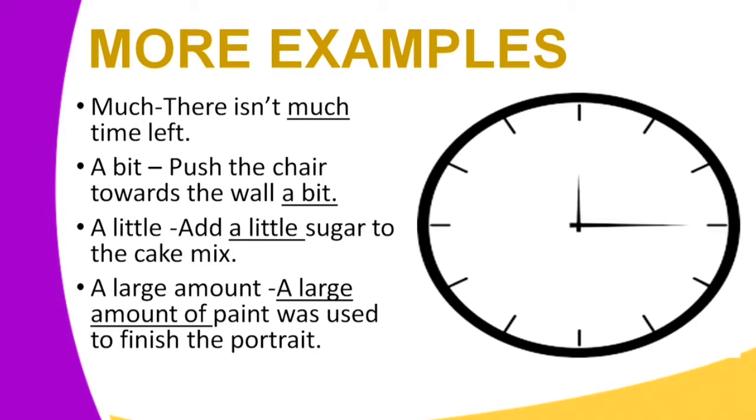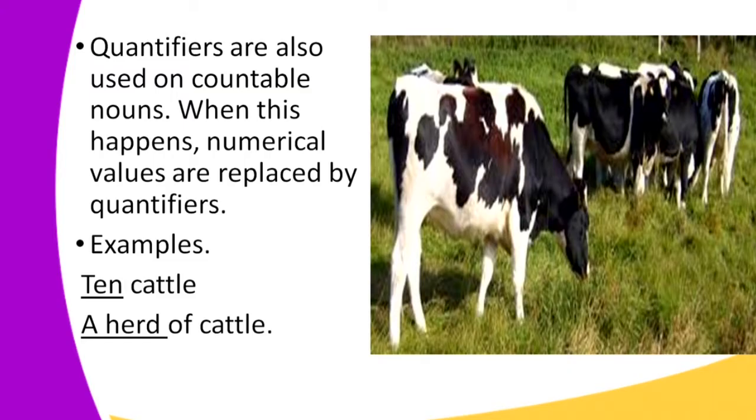Learner, quantifiers are also used on countable nouns. We do not only use quantifiers on non-count nouns. We are saying that countable nouns can also be used with quantifiers. When this happens, numerical values are replaced by quantifiers.